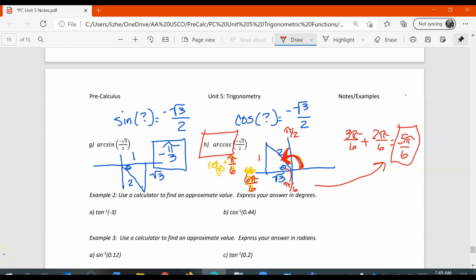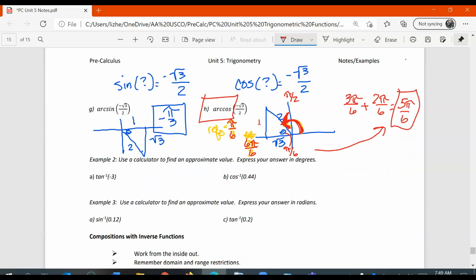Example 2. Use a calculator to find an approximate value, and express your answer in degrees. So make sure you are in degrees. If you forget how to do that, you hit the mode button and make sure you're in degrees. I'm just going to let you do that; I don't think you need to see me do that on a calculator. This is negative 71.565.